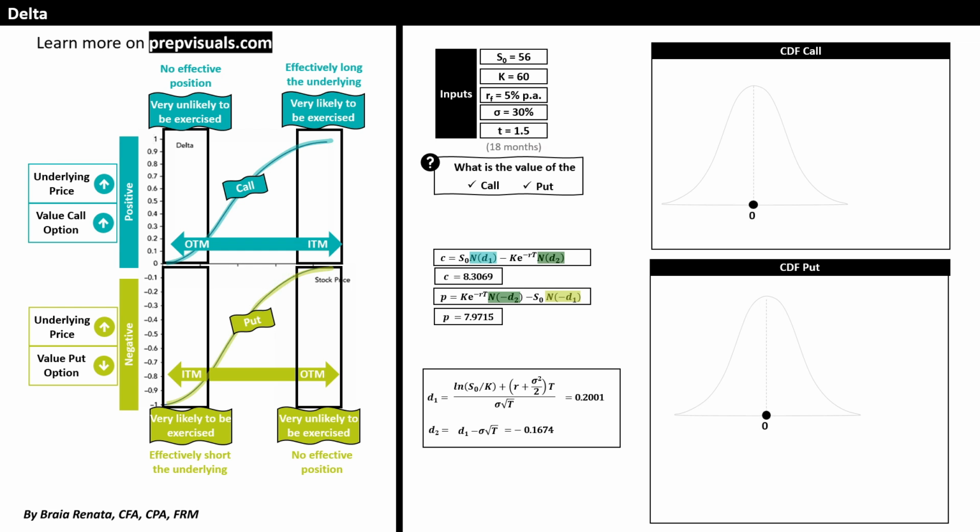So if we plot D1 and D2 for the call option, D1 would be somewhere over here, and D2 would be somewhere over here. In the same fashion, if we were to plot minus D1 and minus D2 in the case of the put option, minus D1 would be somewhere over here, and minus D2 would be somewhere over here.